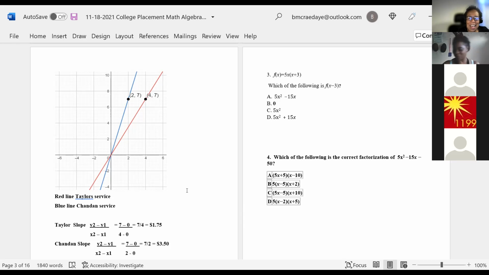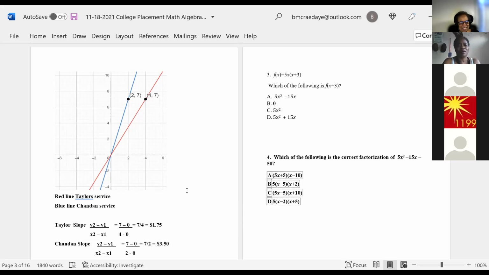I know it was college math because it came up on the computer. That's why I keep telling her.